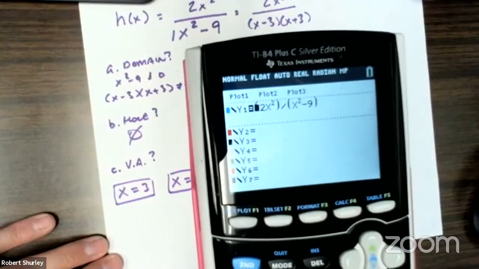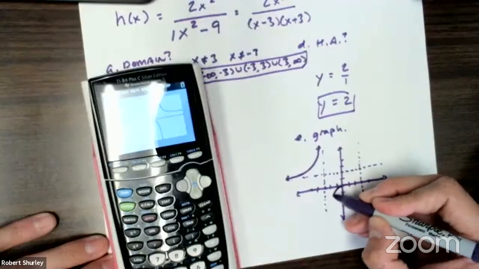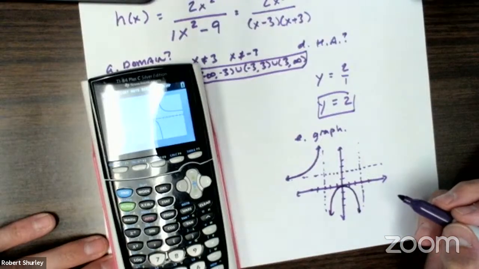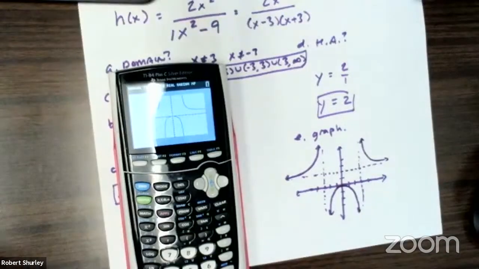Go back to your y equals on your calculator. I needed the parentheses, I guess. Yes, that would be the problem. Big time. If you don't use the parentheses, it's dividing those x squareds. That's why you're getting that line. Your calculator is really good with order of operations.